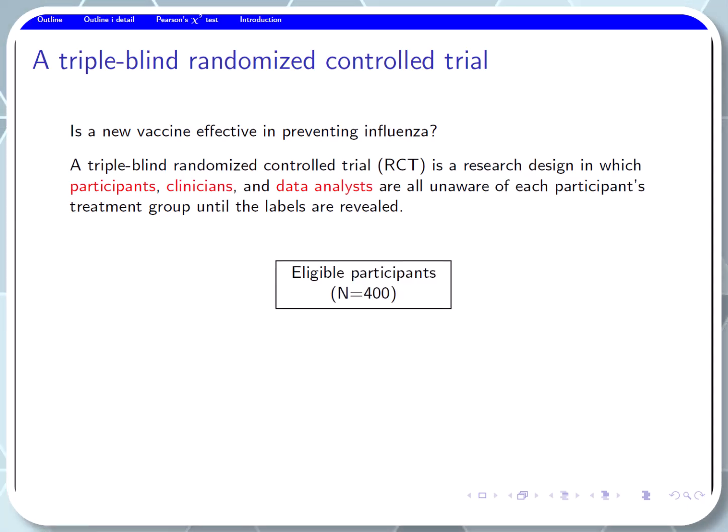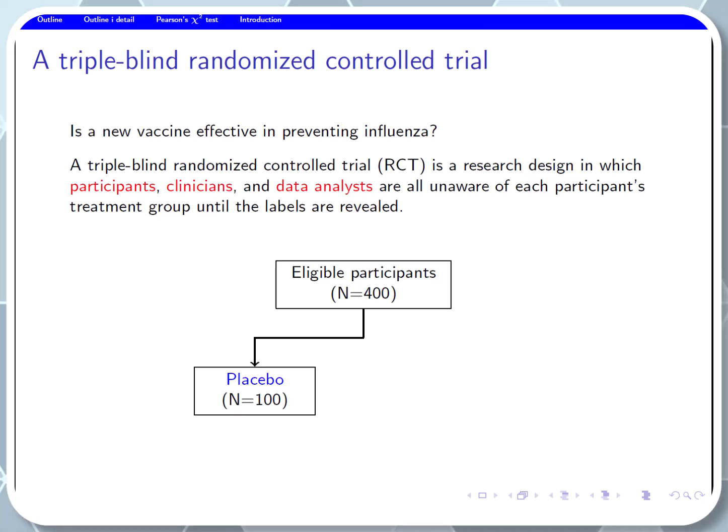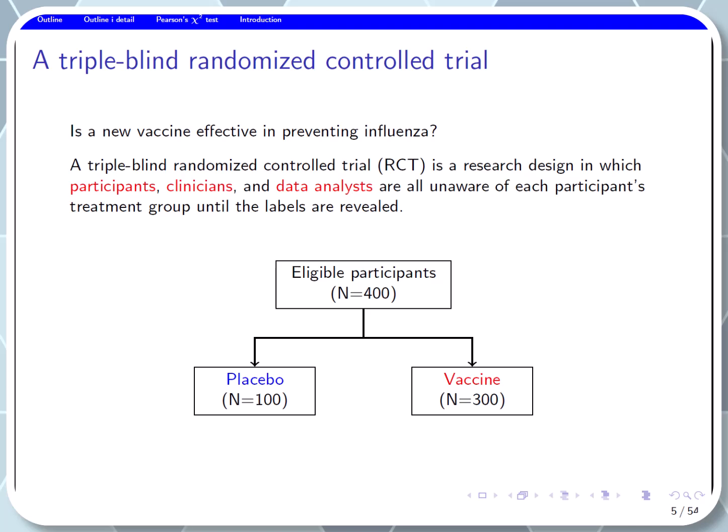A total of 400 participants met the inclusion criteria and were randomized into two groups. 100 participants received a placebo. 300 participants received the vaccine.